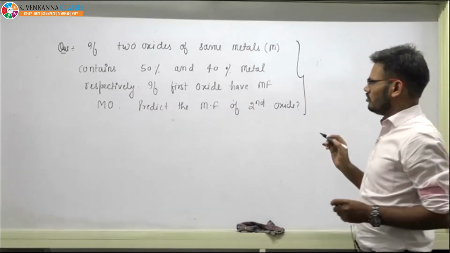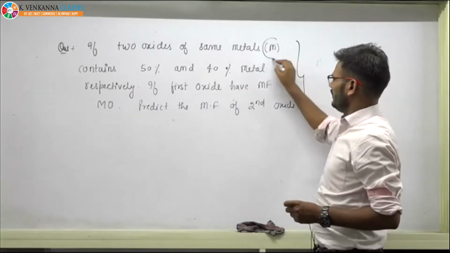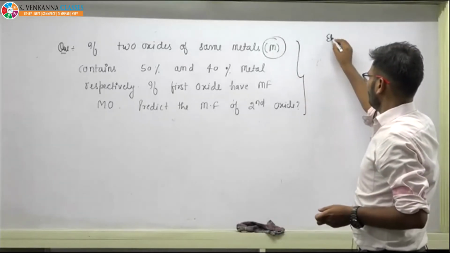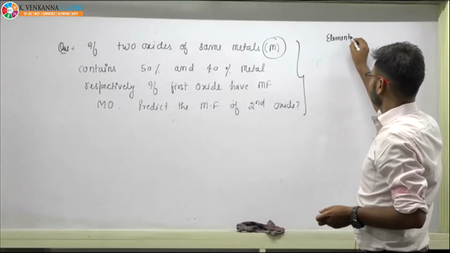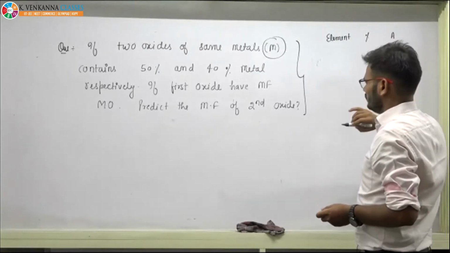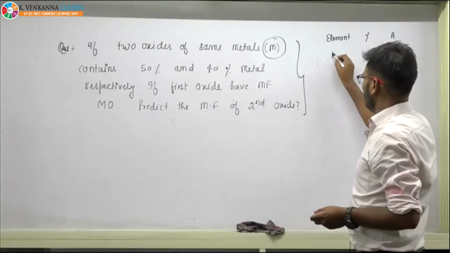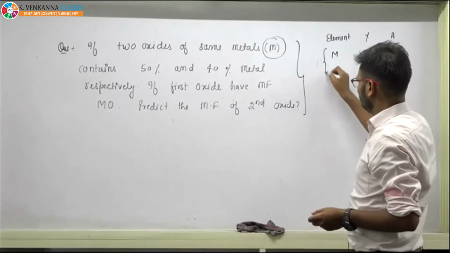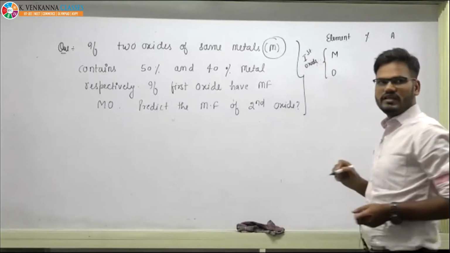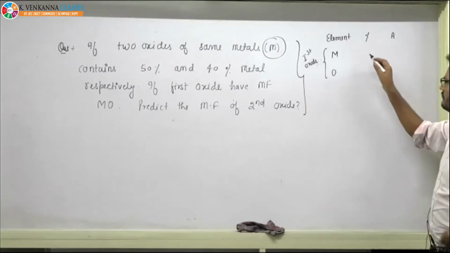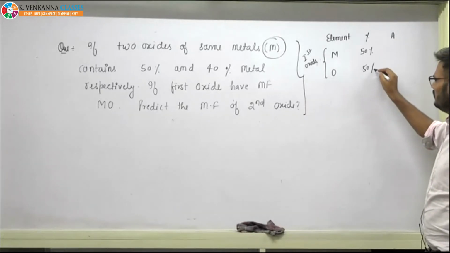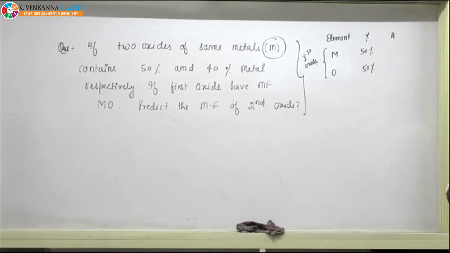It says there are 2 oxides of a metal. We have just solved this like elements, then seen the percentage. The element is M and O for the first oxide. M is 50%, so automatically oxygen will also be 50.